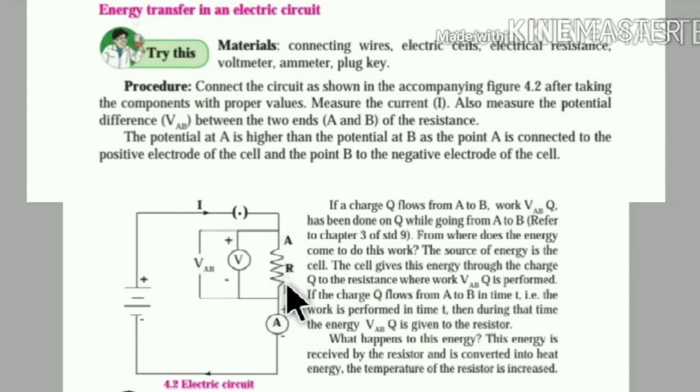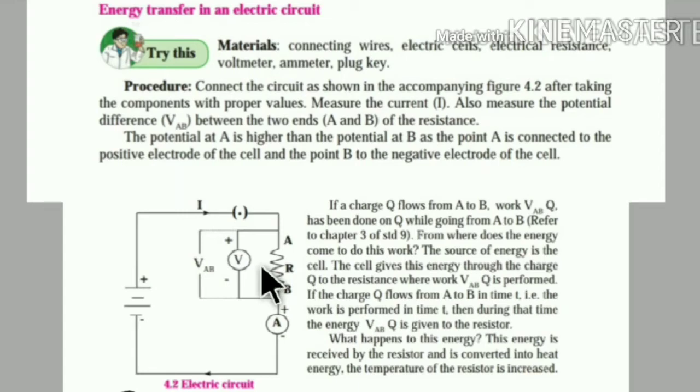This work done from point A to point B is done by the source of energy, that is the cell, which gives the energy to the charge Q through the resistance for doing the work, that is V into Q.